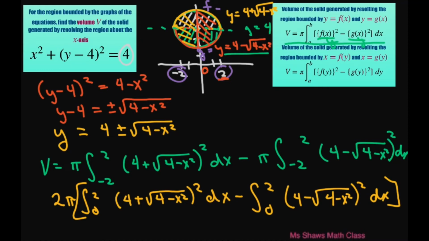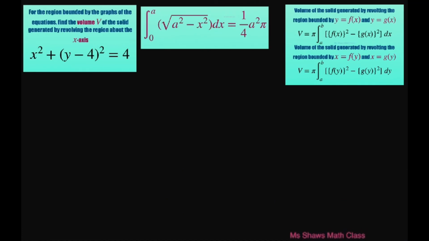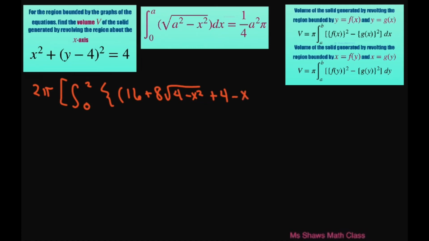The next step is just to expand the squares. So this equals 2 pi times the integral from 0 to 2 of 16 plus 8 times the square root of 4 minus x squared plus 4 minus x squared dx.